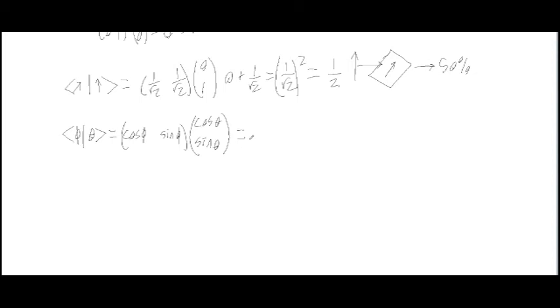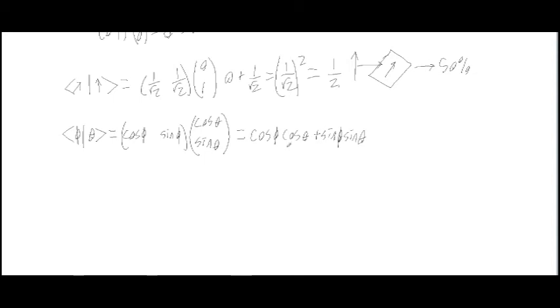And then what we get with this, I'm not going to go through all the calculations, I'll just tell you that it will be cosine of phi times cosine of theta plus sine of phi times sine of theta.